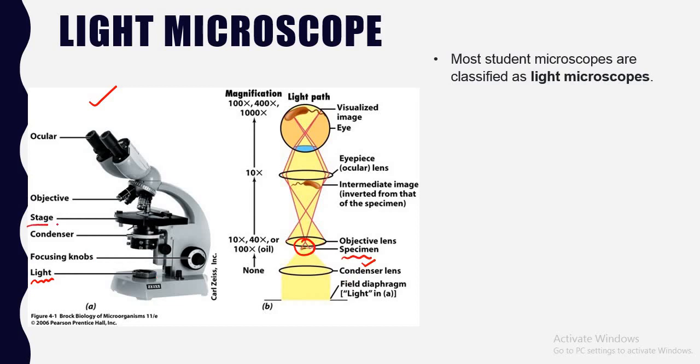The specimen is placed on the stage, on the slide. So your light will accumulate with the help of the condenser lens onto the specimen. Then here we have the objective lens, wherein if you see there are different magnifications given, 10x, 40x and 100x. That depends on you, on what magnification you want to observe the specimen.